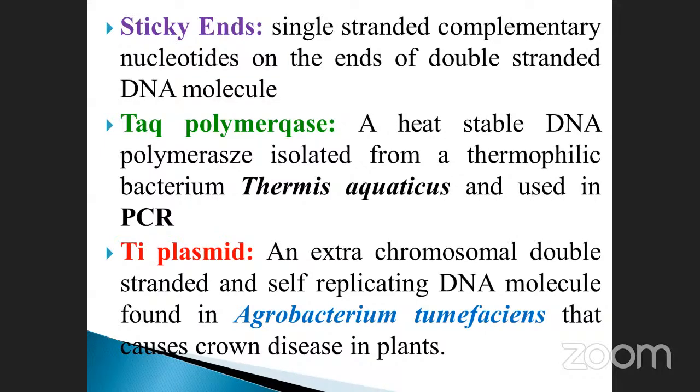Already you know about enzymes. These enzymes are isolated from one bacterium called Thermus aquaticus. It is a heat stable DNA polymerase. Don't forget, my dear, it is isolated from a thermophilic bacterium. Thermus is denoted as the heat related one.